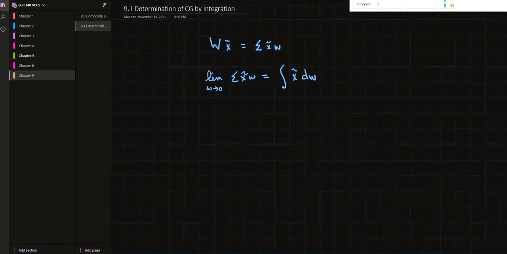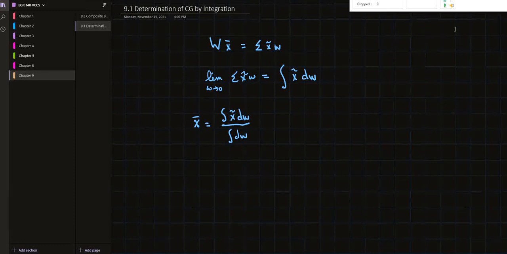So from this idea, we can then develop the idea that I could represent x bar as this integral over the total weight, which would be the integral of all these differential weights, integral dw.